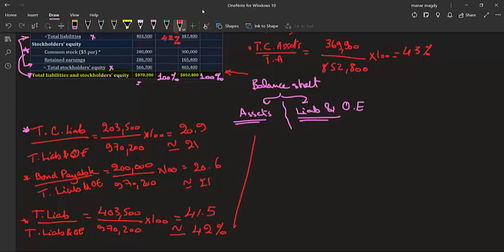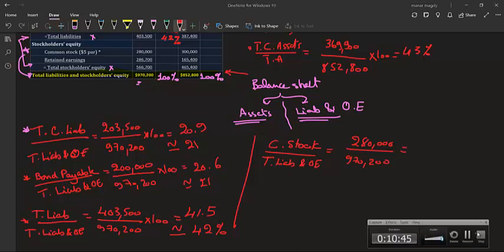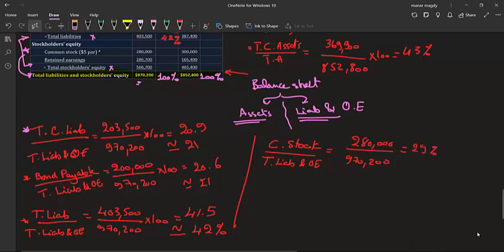Let's apply it to the rest. The common stock divided by the total liabilities and owner's equity. So we're going to divide the 280,000 divided by the 970,200. We're going to get 29% approximately, and the retained earnings divided by the total liabilities and owner's equity.